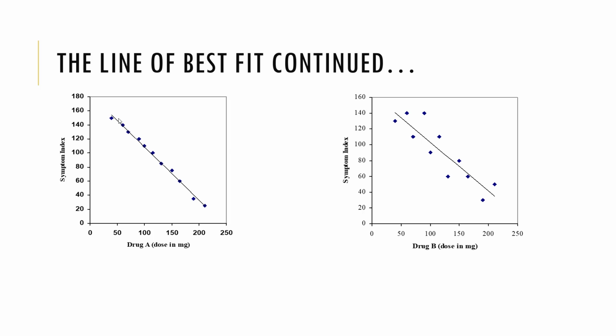If we've got a graph, we need to describe it. So we put a line of best fit on it. What does that really mean? Well, as I said, in this first example, which is the same as we've seen on the other slides, what we can see is that each data point fits very closely to the line. They're almost all on it, or they're very close to it.